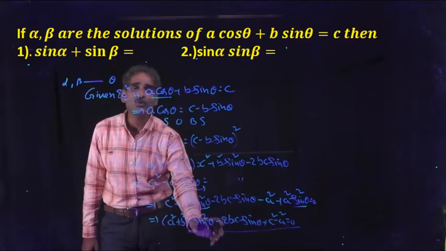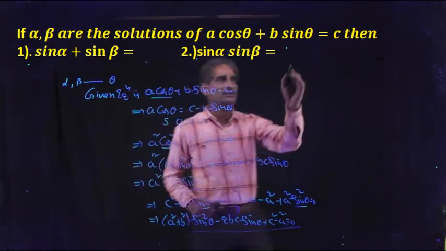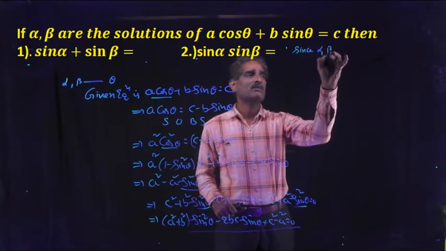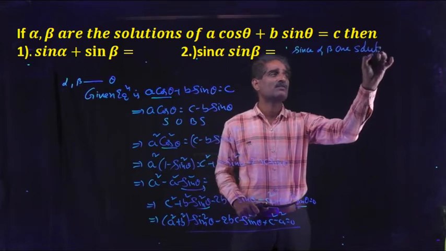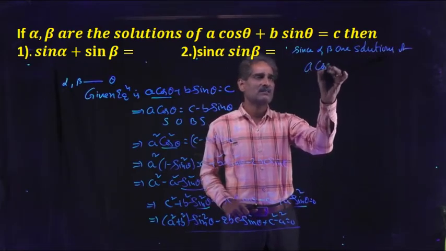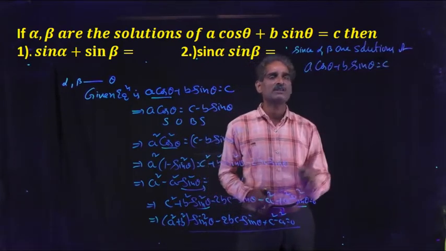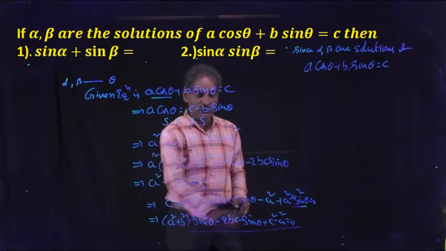Now what about the roots of this equation? Since alpha, beta are the solutions of a cos theta plus b sin theta is equal to c, therefore sin alpha, sin beta are the solutions of this equation.